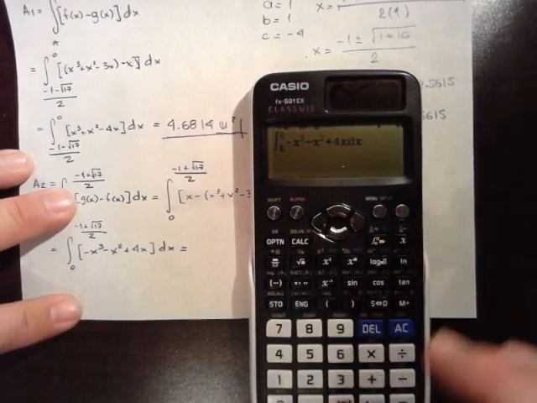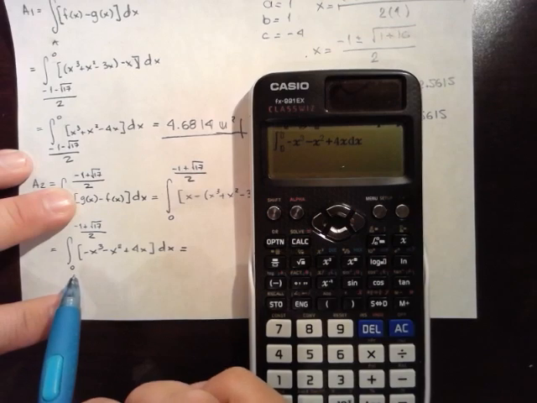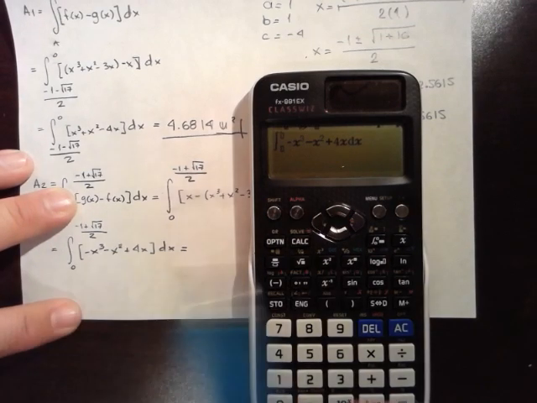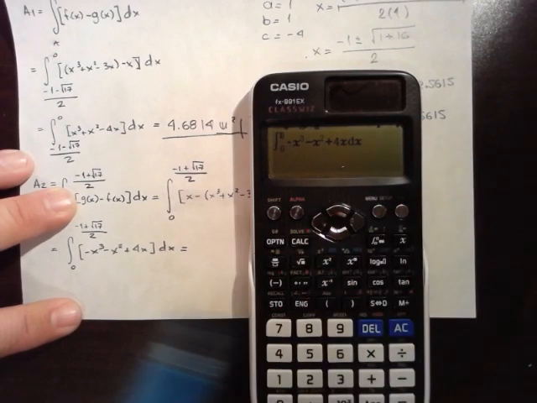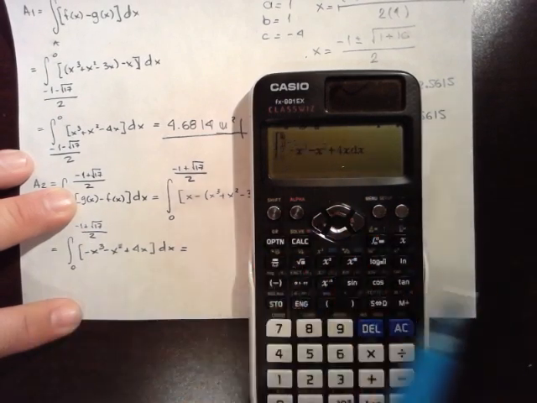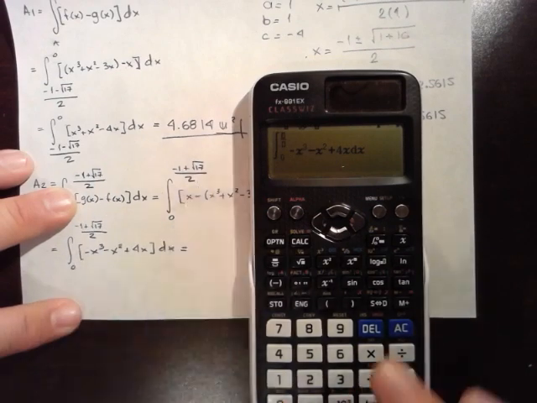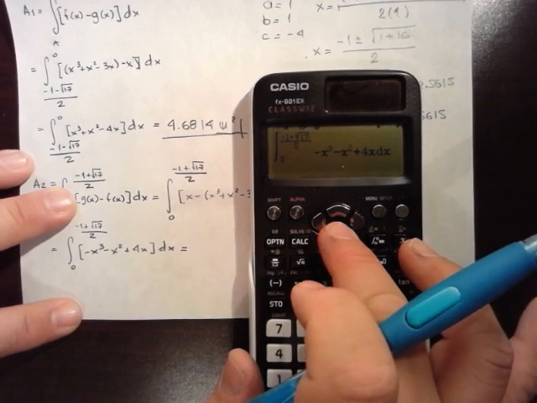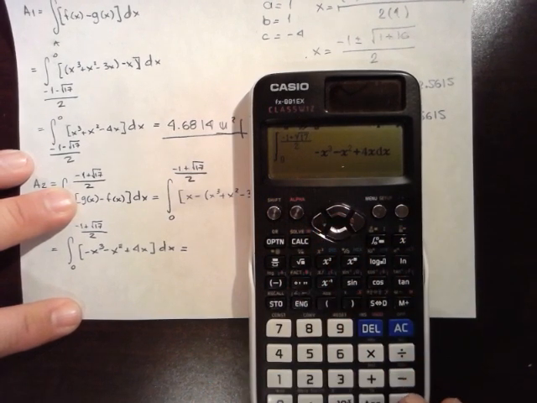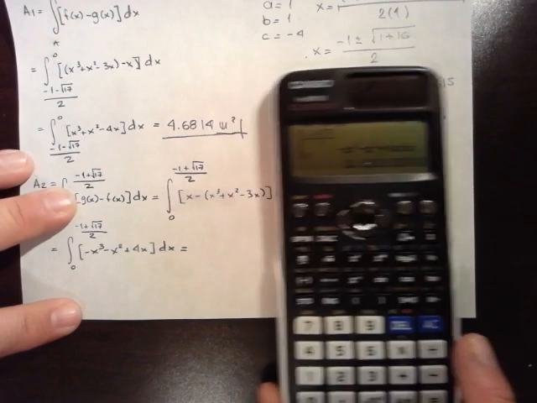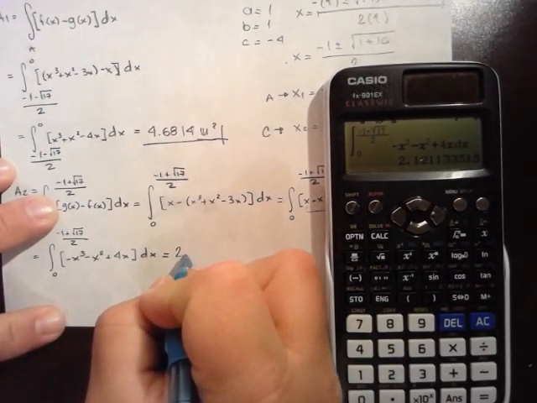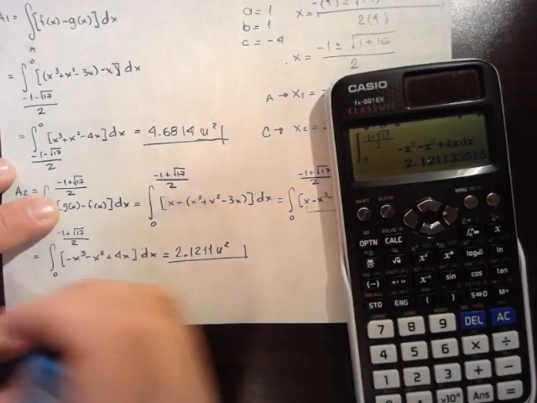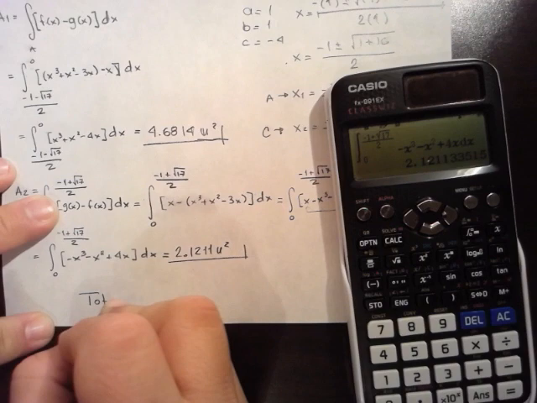And the lower limit is going to be 0, and the upper limit is going to be a fraction, that is the limit C, minus 1 plus the square root of 17 over 2, and you will have 2.1211 square units.